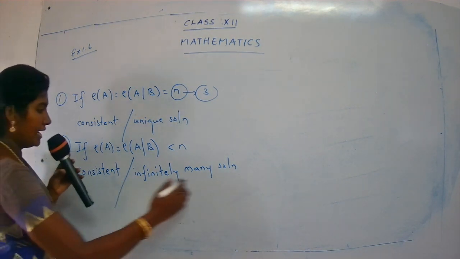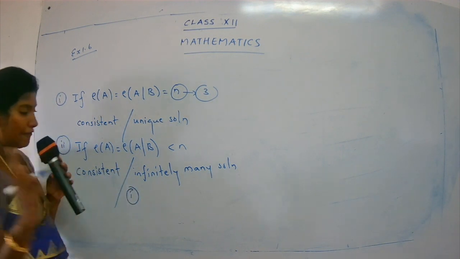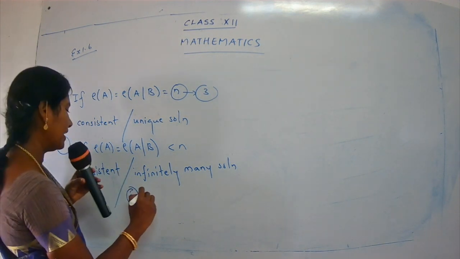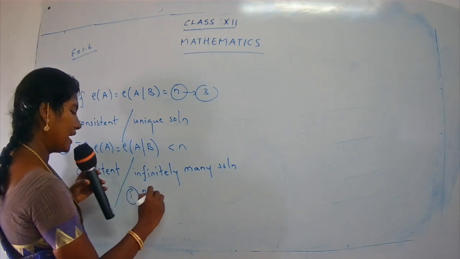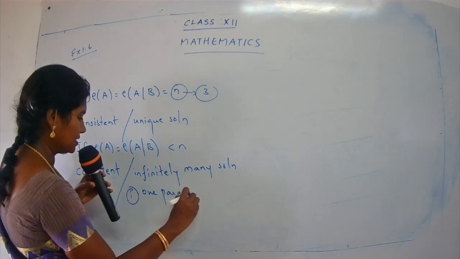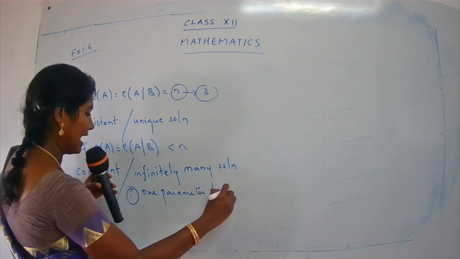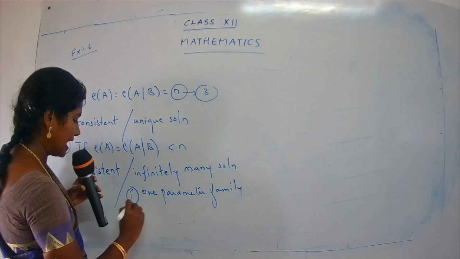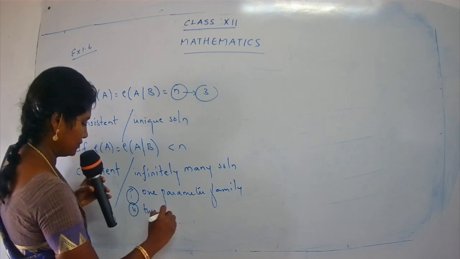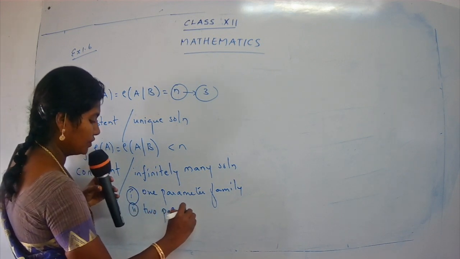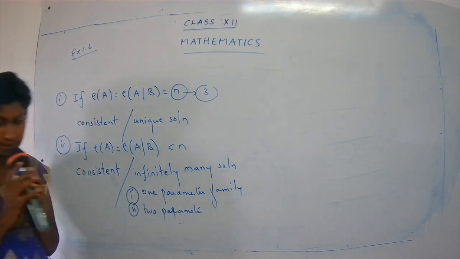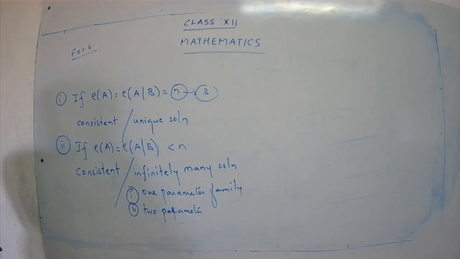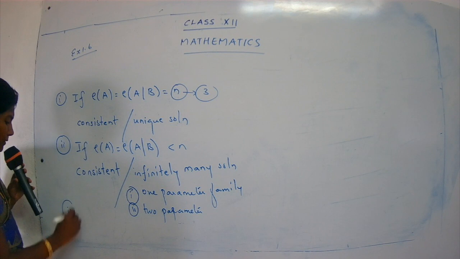And under infinitely many solutions, you have two cases. That is, you may get a one parameter family of solutions, or you may have a two parameter family of solutions. So according to the ranks, we determine this parameter. And let's go for the third and last rule.